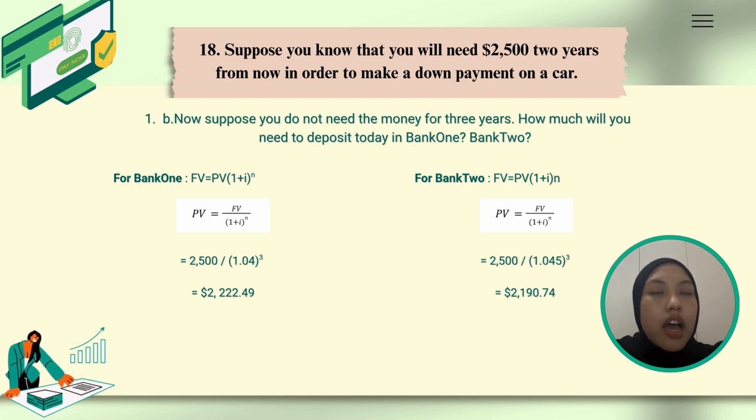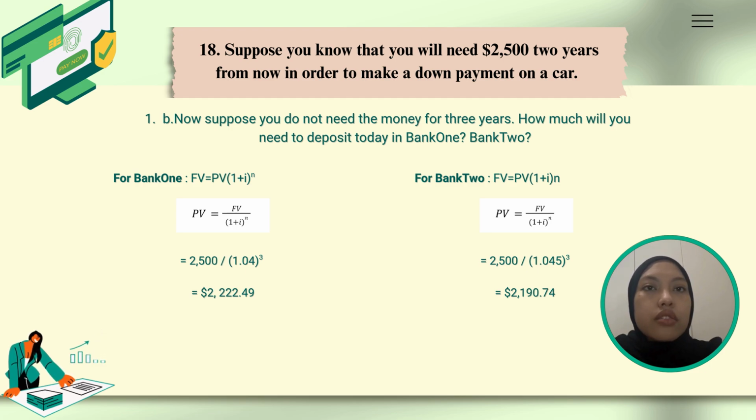For Bank 1, I use the formula future value equals present value times (1 plus i) to the power of n. To find present value, it equals future value divided by (1 plus i) to the power of n.